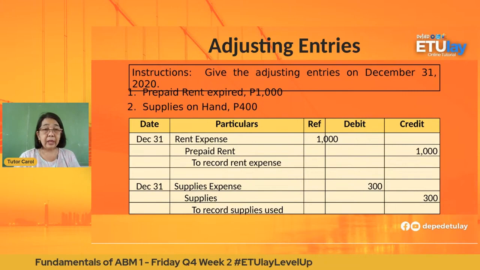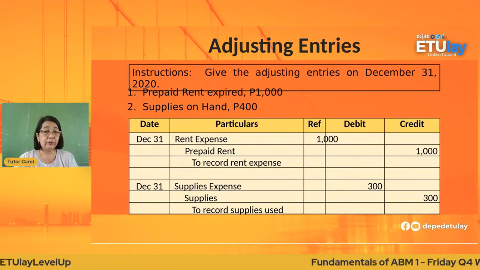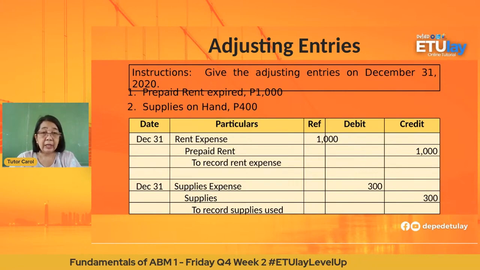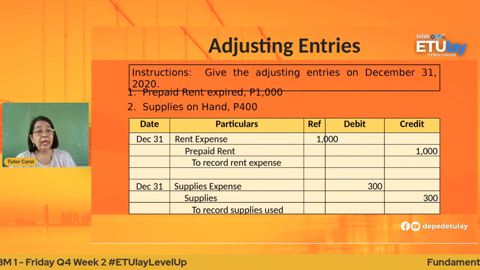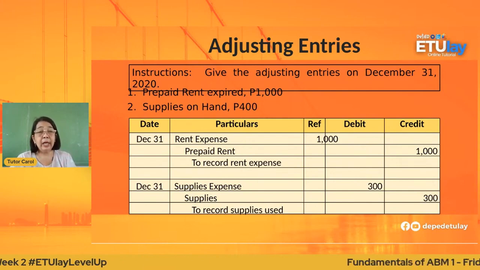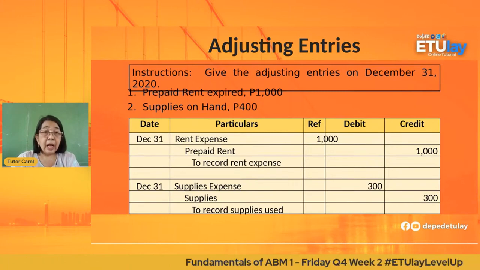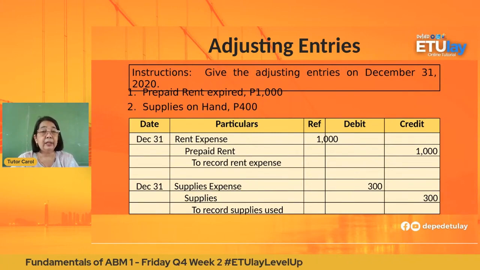Our second item to adjust is supplies on hand, 400 pesos. If you check your unadjusted trial balance, supplies has an ending balance of 700 pesos. Our adjusting entries say only 400 pesos is left from 700.